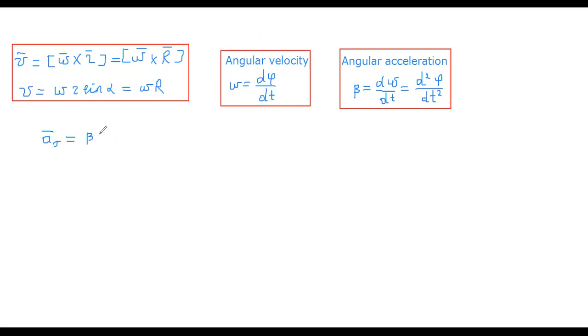Beta r, of course, in this way, and it is equal to beta vector r.